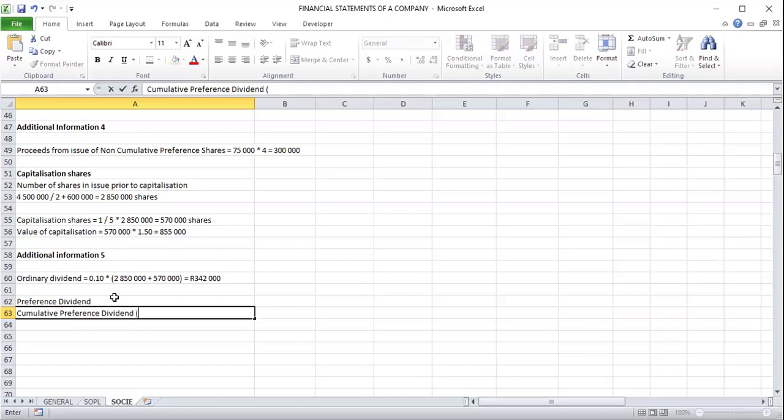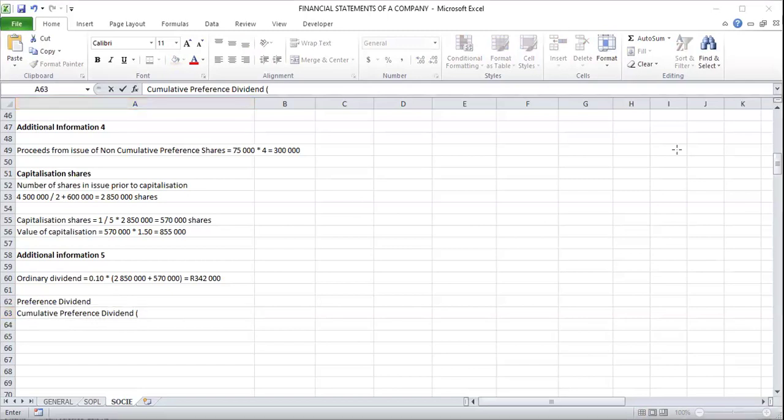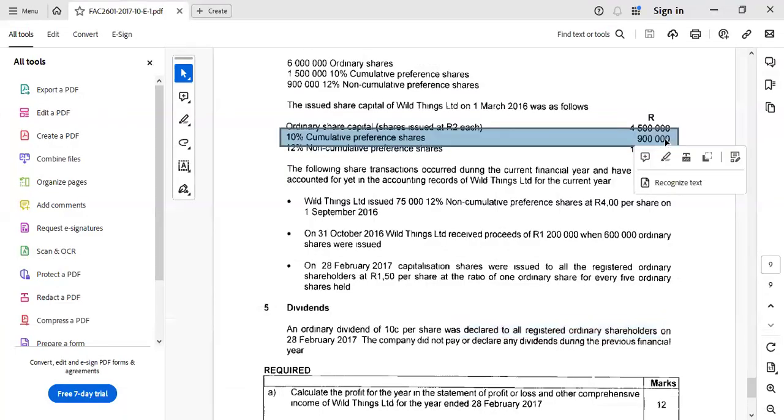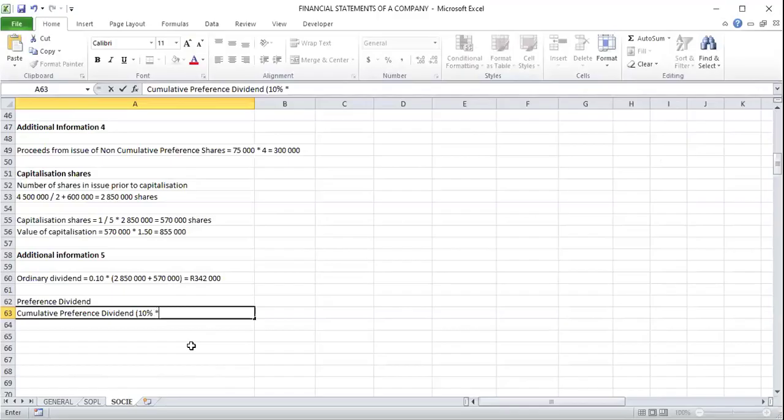Right. Would say this one will be 10% times 900,000 times 2. Because last year they didn't receive. So I would say 10% multiplied by 900,000 times 2.